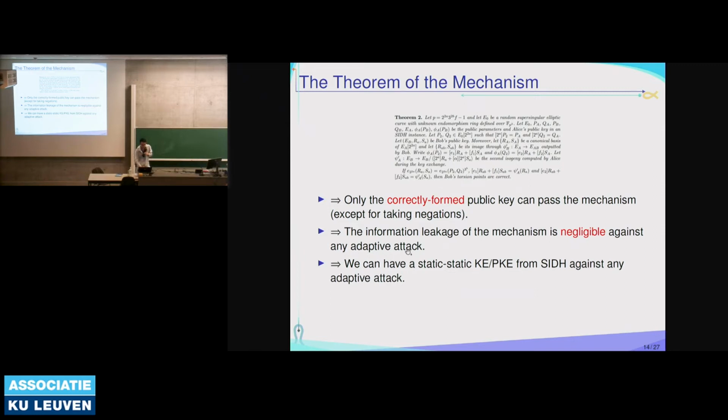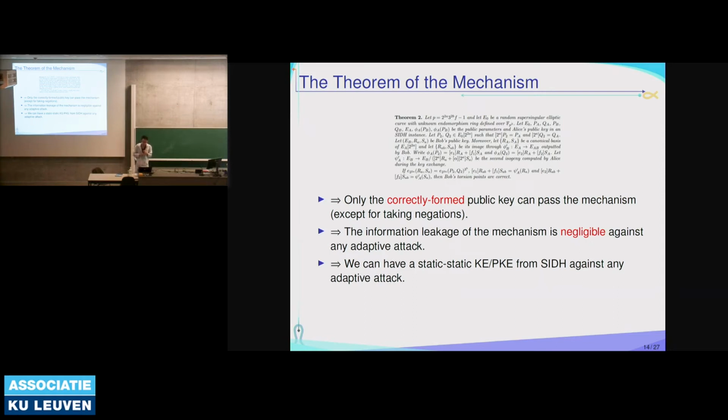This means that the information leakage of the mechanism is negligible against any adaptive attack, because this mechanism will only return 1 if your input is the correct public key. And this also means that we can have a static key exchange, or PKE, from SIDH against any adaptive attack.